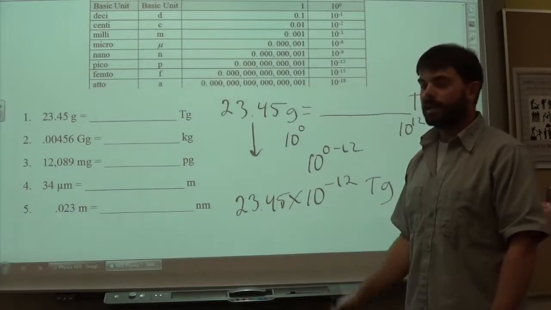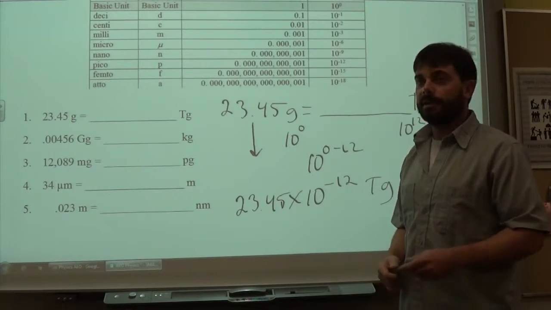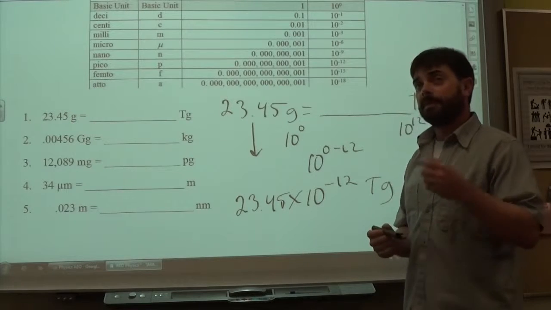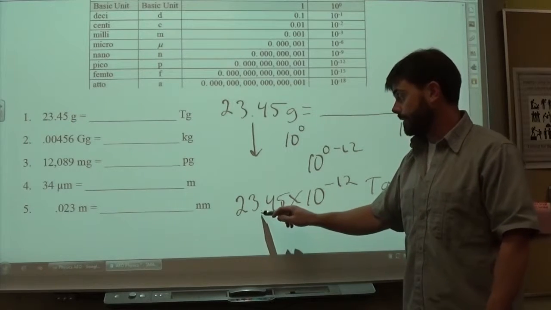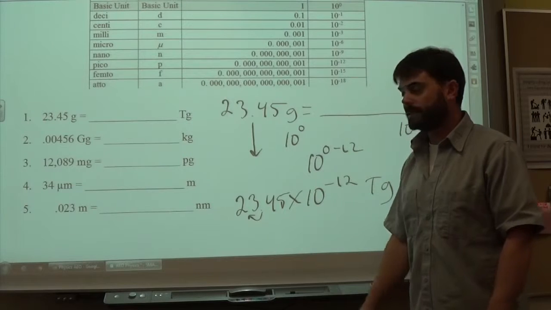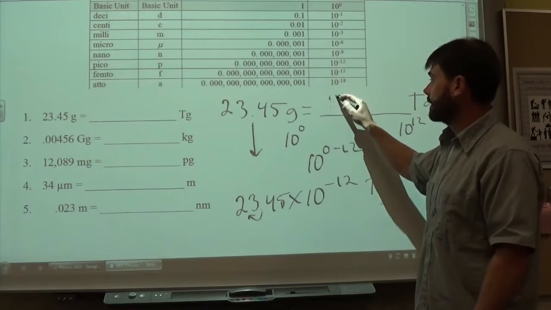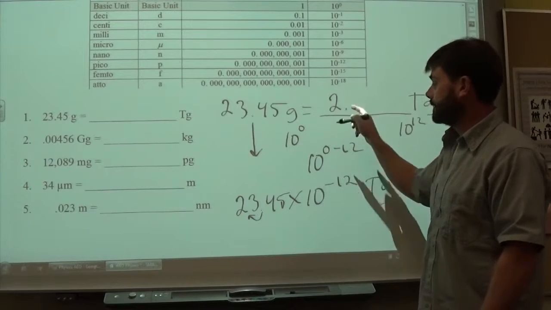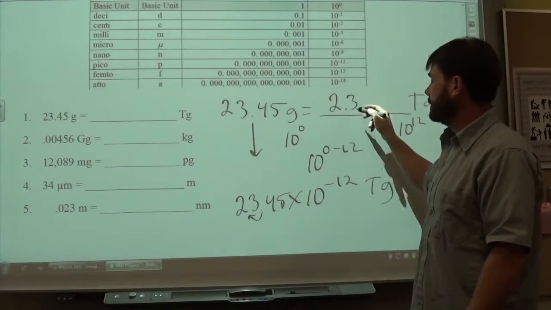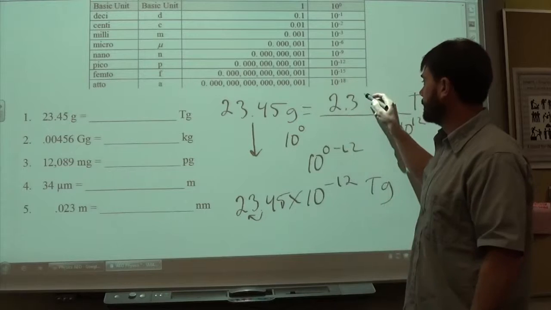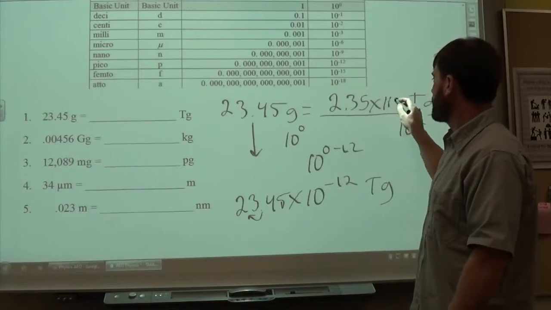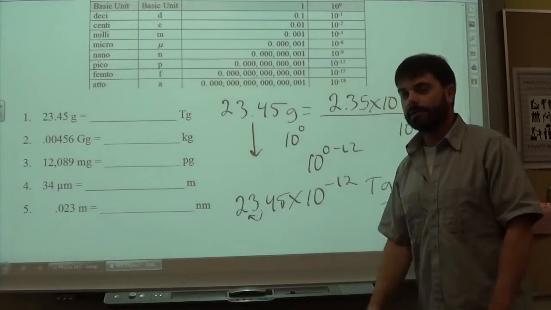Now, this answer is not completely wrong, but when we write numbers in scientific notation, there's a rule that says you should have the decimal place between the first and second significant figure. So when you go to write your final answer, it should be written as 2.3, and then I'm going to round this, 2.35 times 10 to the what value.